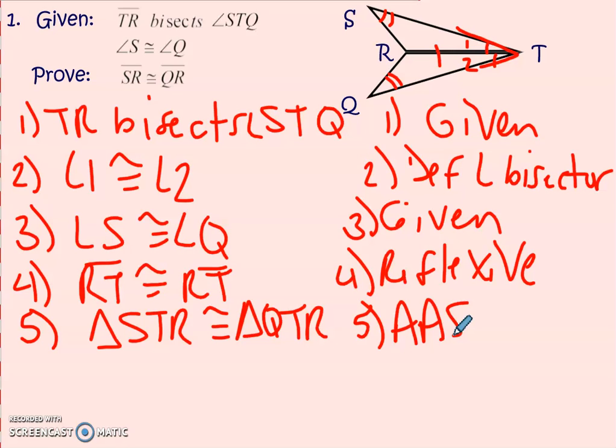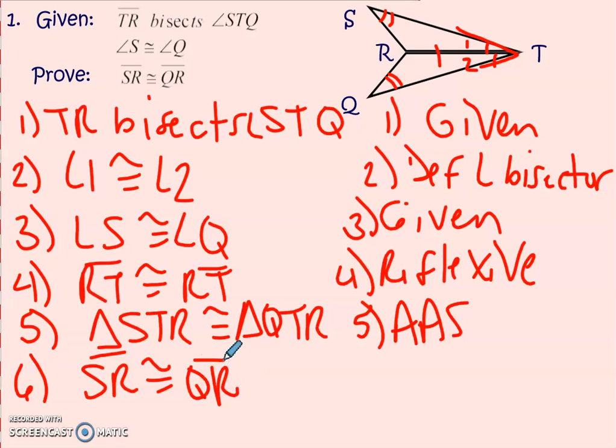All right, now since our triangles are congruent, all 6 pairs of things are congruent. So our conclusion, after we show the triangles are congruent, is that SR and QR are one of those pairs of corresponding parts. So those segments are going to be congruent by CPCTC.